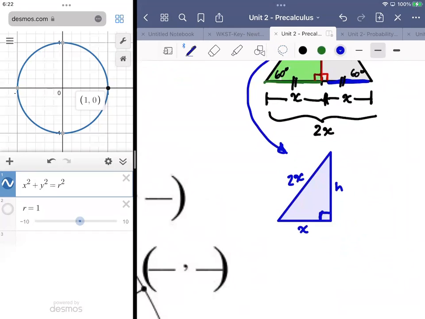All right. So Pythagorean theorem tells me, you know, a squared plus b squared is equal to c squared. I can say x squared, I'm going to make this smaller, x squared plus h squared is equal to 2x squared. So x squared plus h squared is equal to 4x squared.